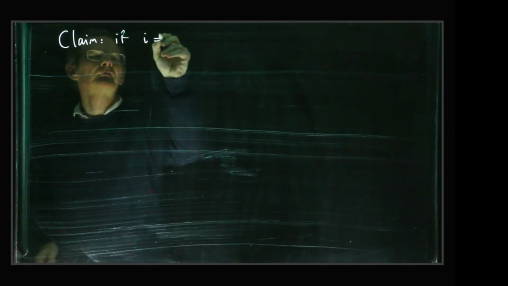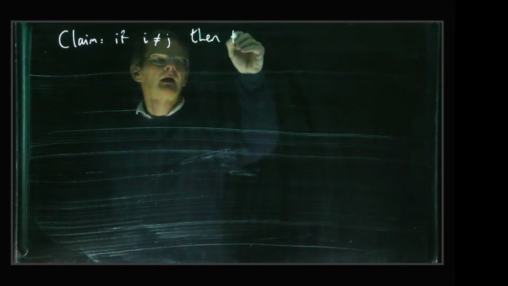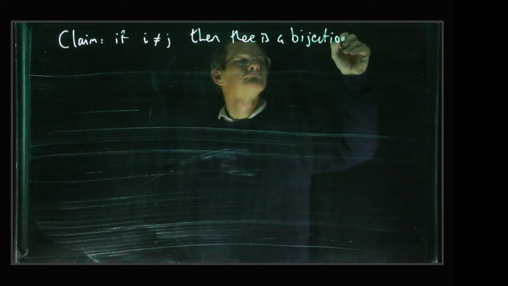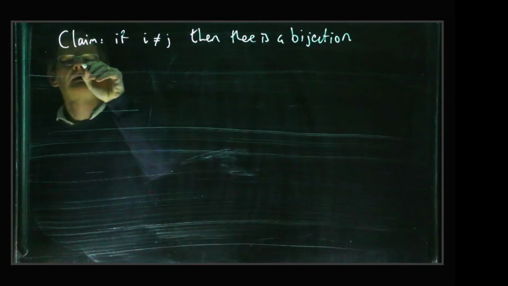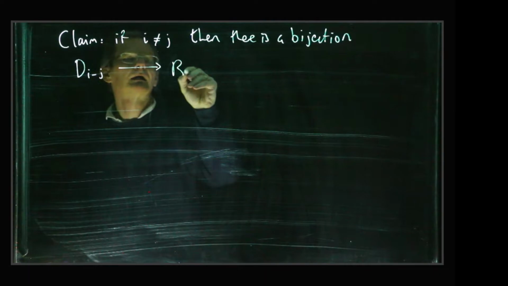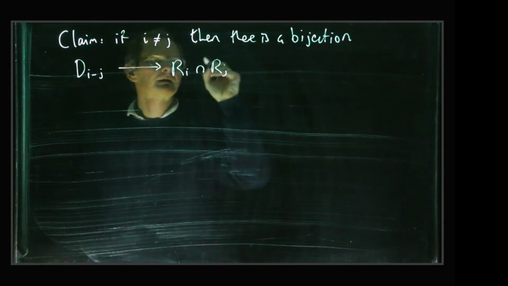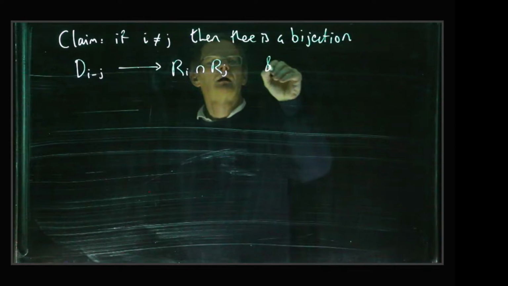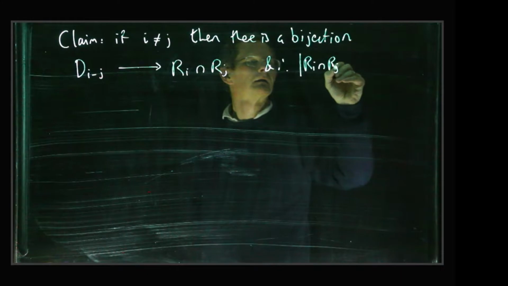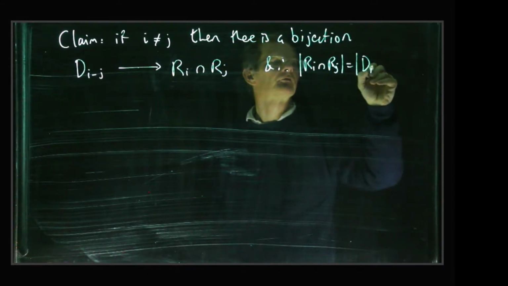Okay, so here's the claim. If i is different from j, then there is a bijection, which we'll call f, from the set D(i minus j) to Ri intersect Rj, and therefore the size of Ri intersect Rj is the same as the size of D(i minus j).